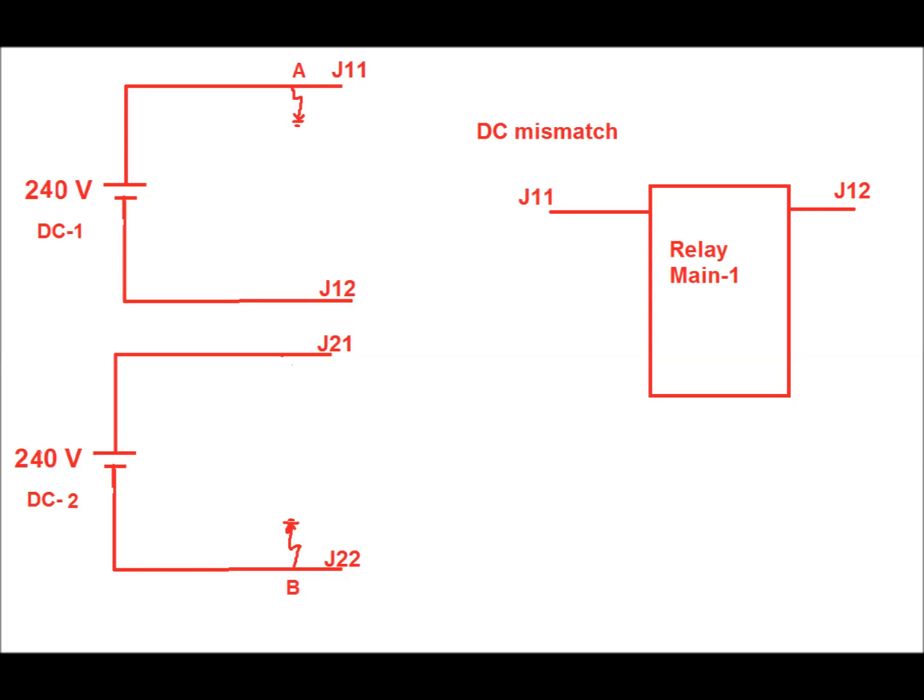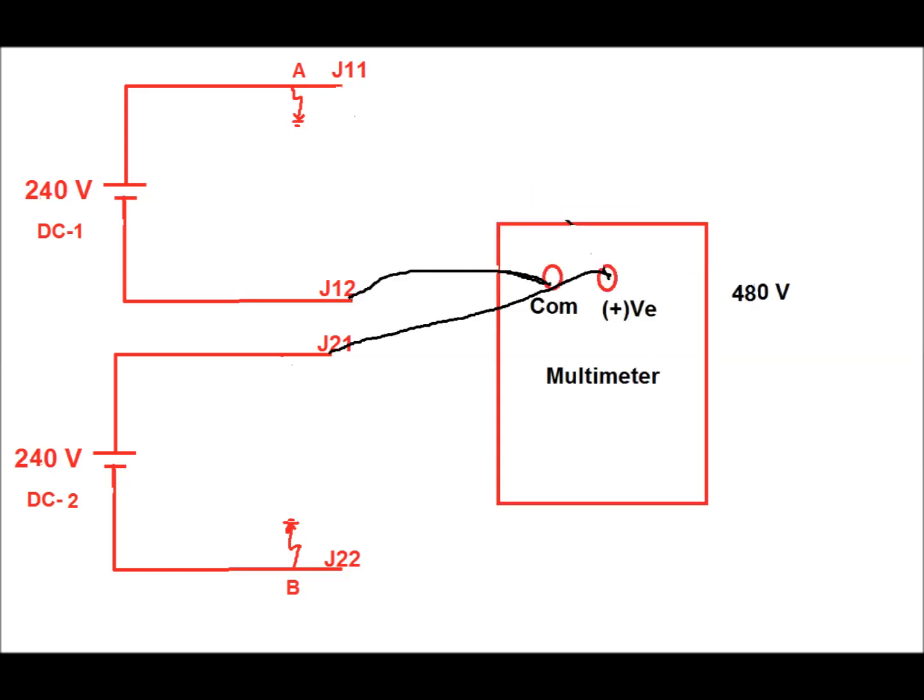We'll discuss now. By means of a multimeter, if you measure the voltage between J11 and J12 of DC1, it will come as 240 volt, and between J21 and J22 it will again come as 240 volt.